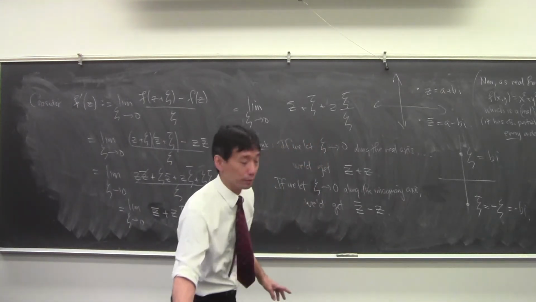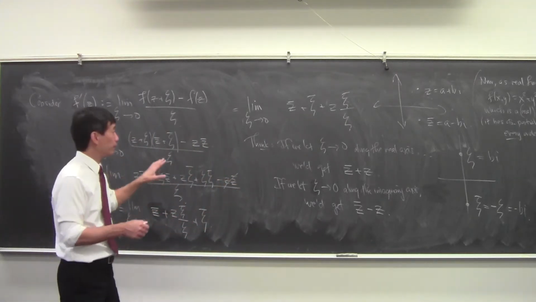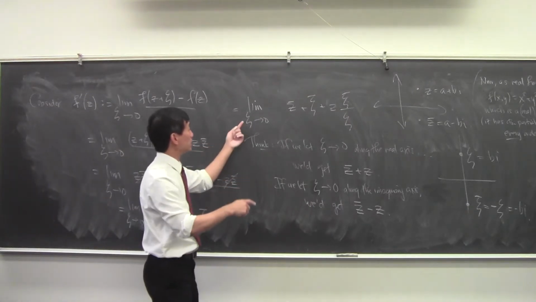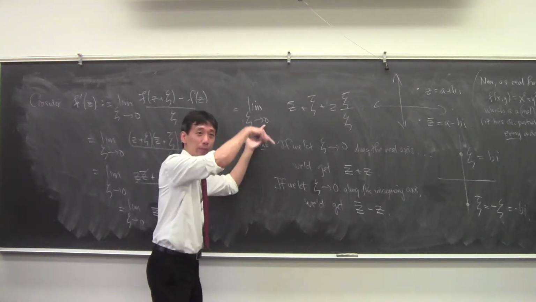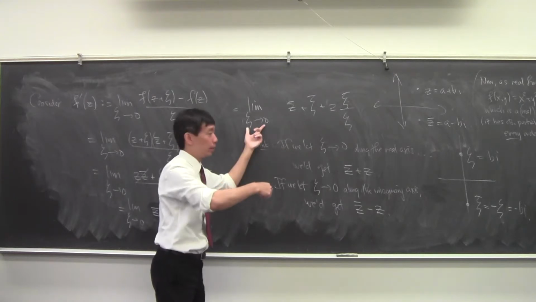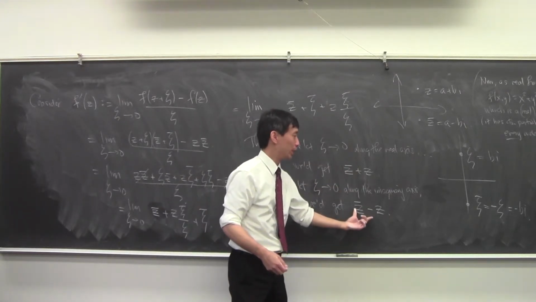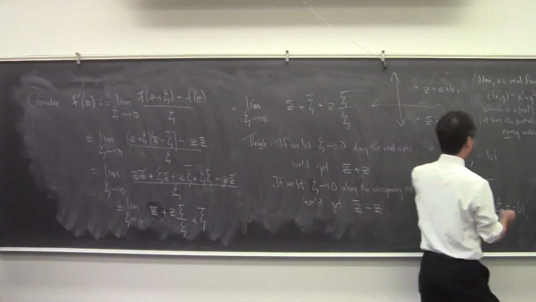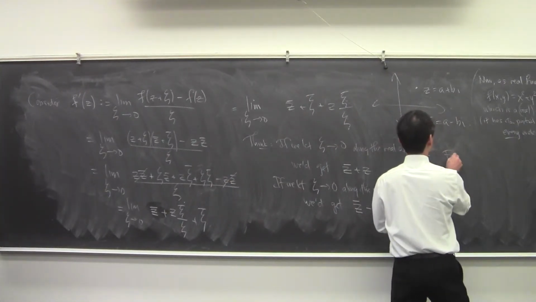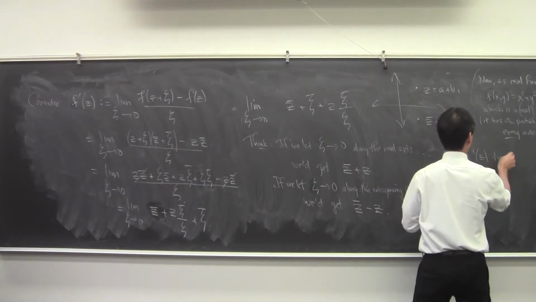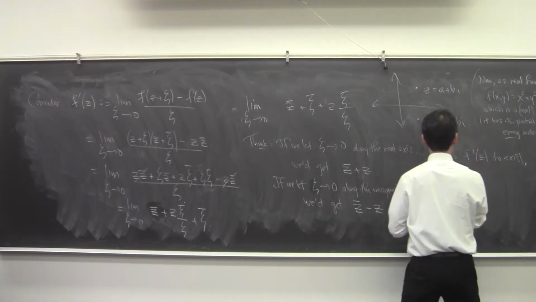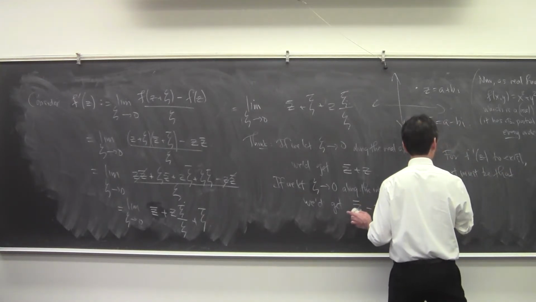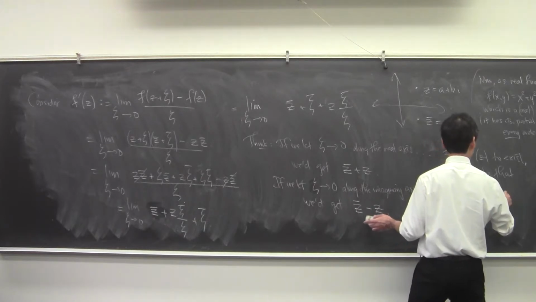For the derivative to exist, this thing has to agree no matter what path we take to 0. So this had better be equal to this. For f prime of z to exist, it must be that z bar plus zeta equals z bar minus zeta.